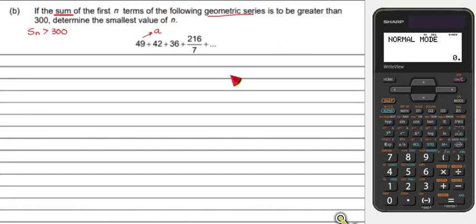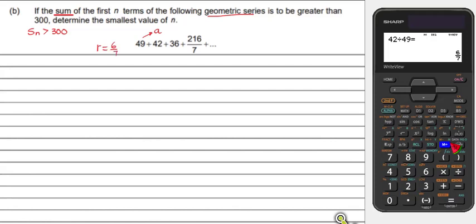It's going to be 42 divided by 49. Let's see if we can simplify that. 6 over 7. All right, so r equals 6 over 7.